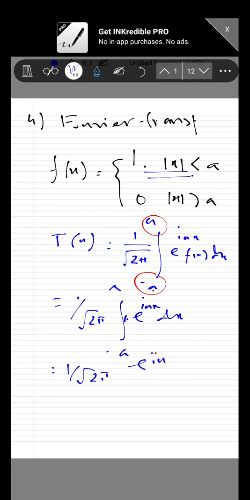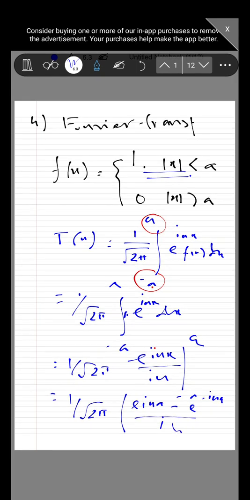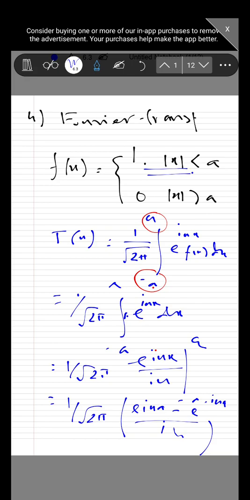So by simple integration it is equal to 1 by root 2 pi, integration will be e to the power iux divided by iu from minus a to a, and it is 1 by root 2 pi into e to the power iua minus e to the power minus iua divided by iu, and it is nothing but sine. Let's go to the next step.